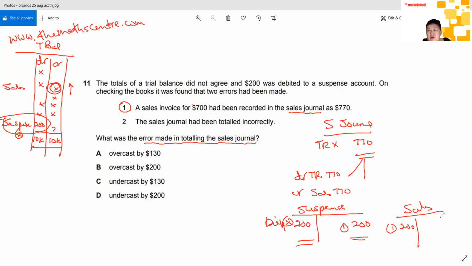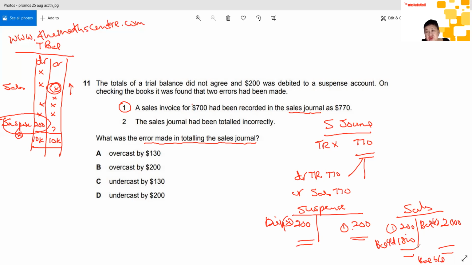But your sales now, whatever figure you have, for example, this is an example only, all right? Let's say 2,000. This is your balance brought down for sales for the whole month. So as a result of correcting your suspense, you credit suspense and you debit sales 200, this will bring your sales down to 1,800, which you carry to the next month.